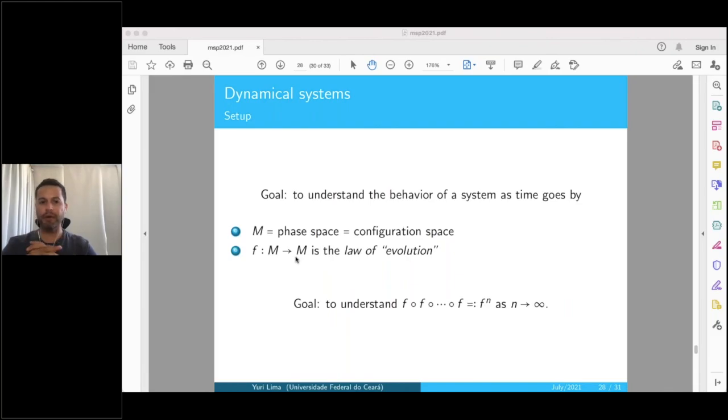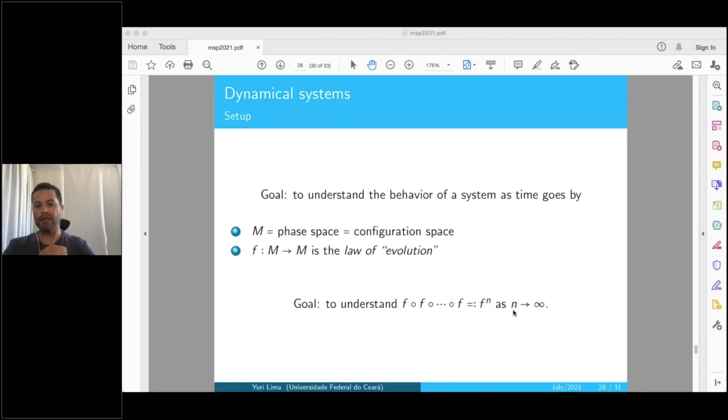And once you have this pair, f and m, then you can rewrite your goal above here, which is to try to understand this composition of f with itself many times. You do f, compose with f, compose with f, compose with f, n times. And the idea is to try to understand what this function f to the n is as n goes to infinity.